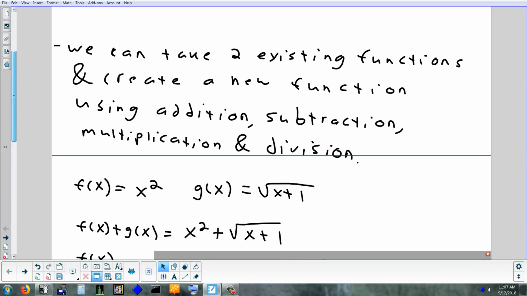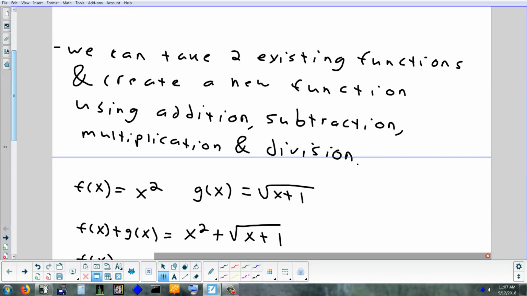So if I take f of x and g of x and add them together to create a new function, I get x squared plus the square root of x plus 1. And that's it. So now this is a brand new function, which if you drew that, would look different than either of the original. But it's a combination of the two of them, just added together.